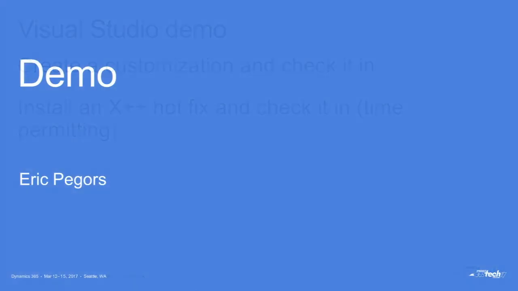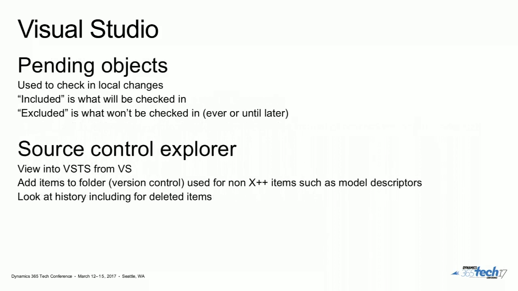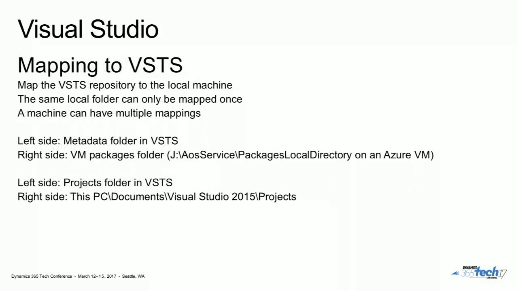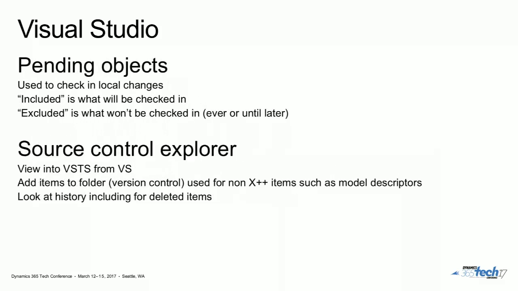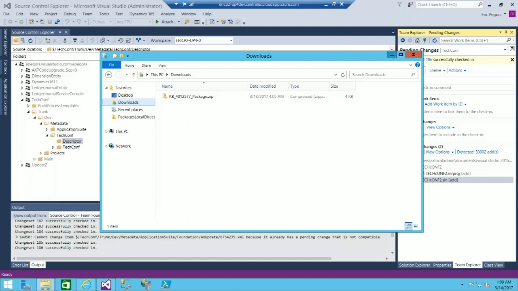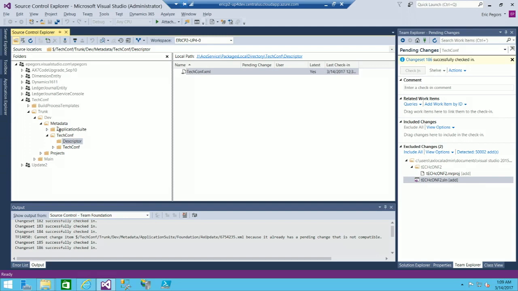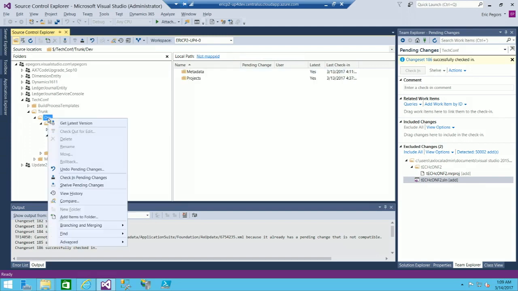Let me see, she talked about include, exclude. Oh, I can, yeah, I'll go do that. So now what I'm going to do, I think I just do it this way. I can right-click in my VSTS, and I can go to branching and merging, and I can merge.